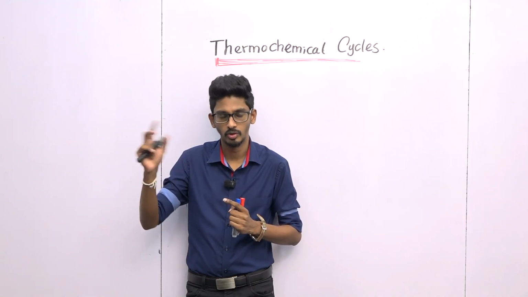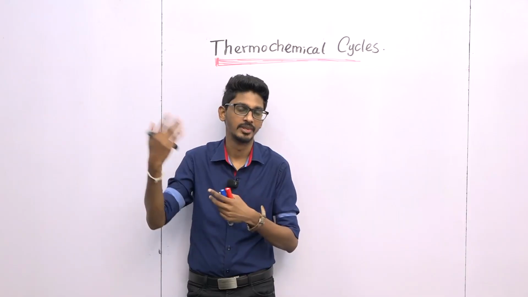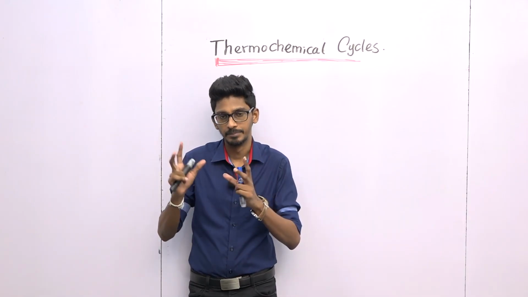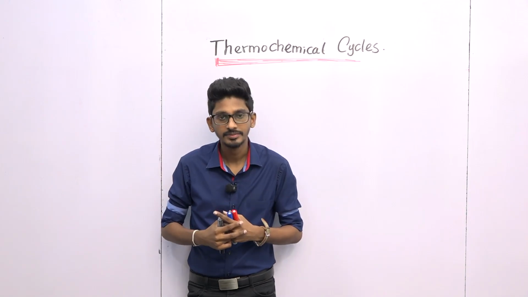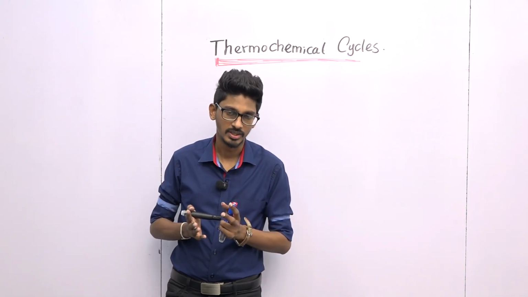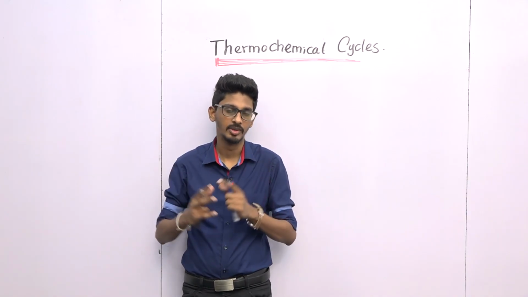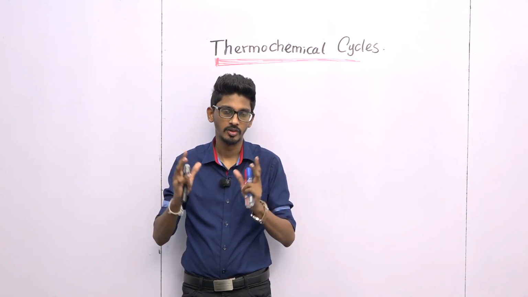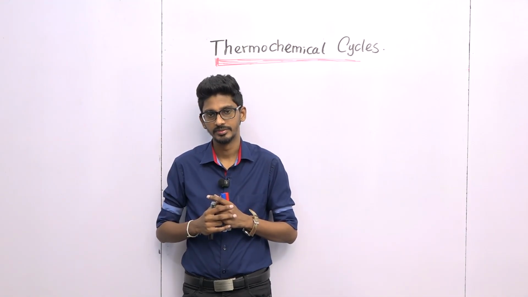We have two other forms as well, using enthalpy diagrams as well as the algebraic form. Anyway, now we are going to study constructing a thermochemical cycle and how to use it to solve these problems.